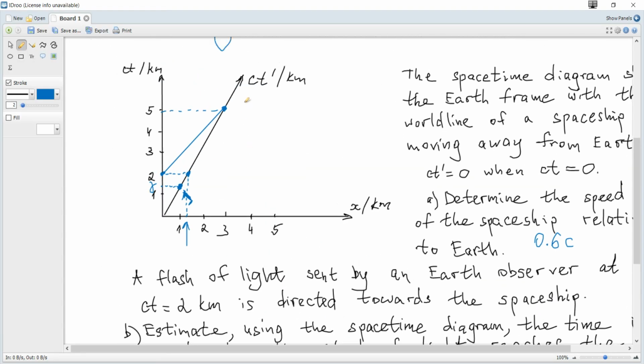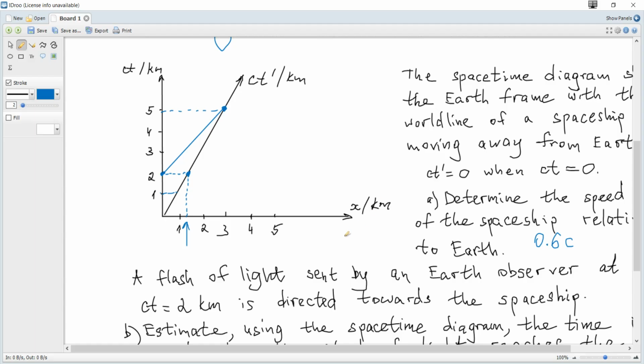So 1 on the ct primed axis corresponds to 1.25 on the ct axis, and notice that scales are not the same. If you use a ruler, 1 centimeter on ct is some value, not the same as 1 centimeter on the ct primed axis. Scales are different. Or using again a horizontal line, 1 on ct corresponds to 1 over gamma on ct primed. Hence, if we know that it's 5 on ct, it's 5 over gamma on the ct primed axis.